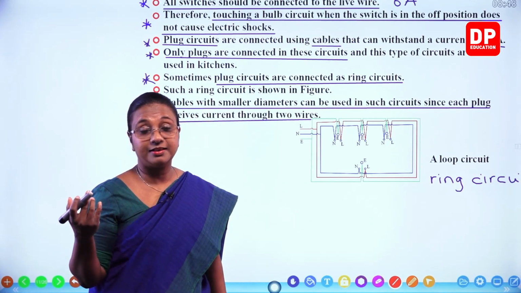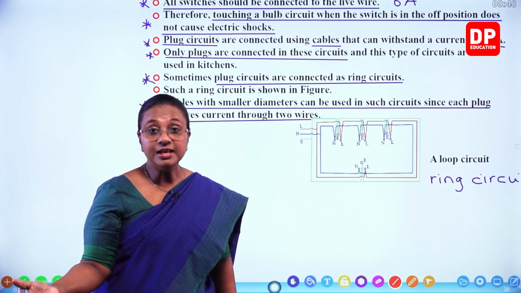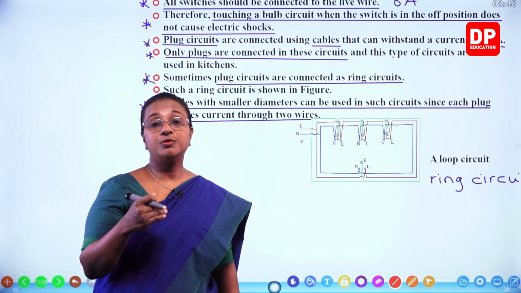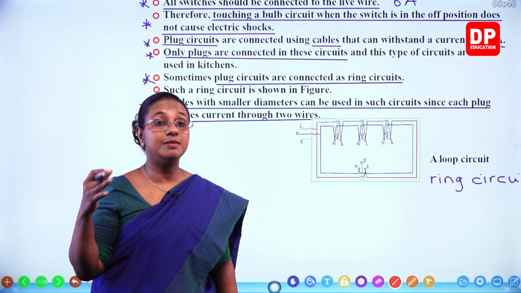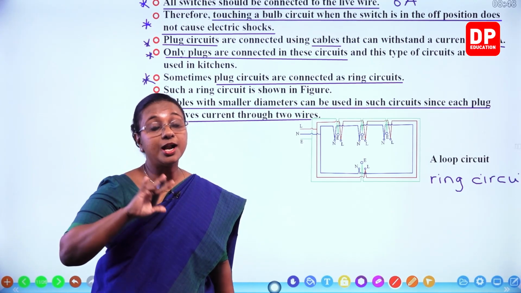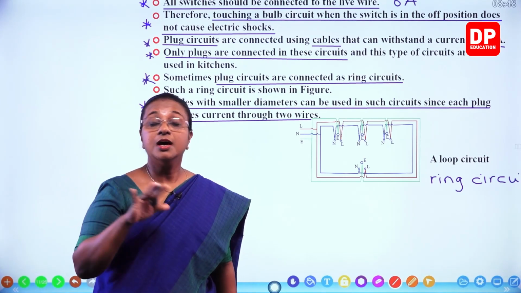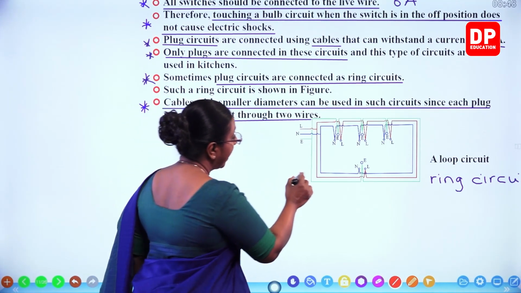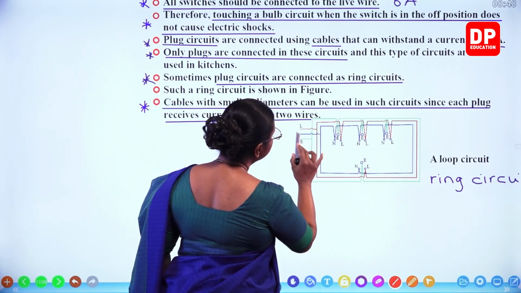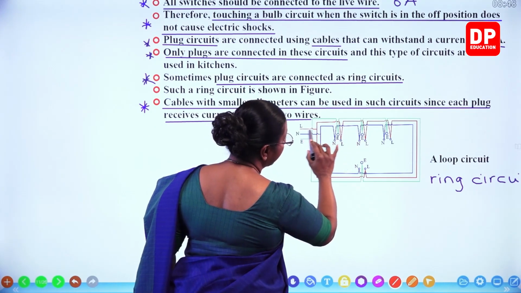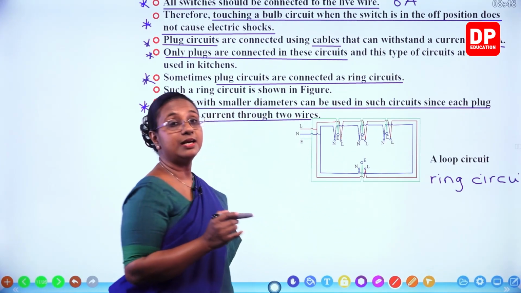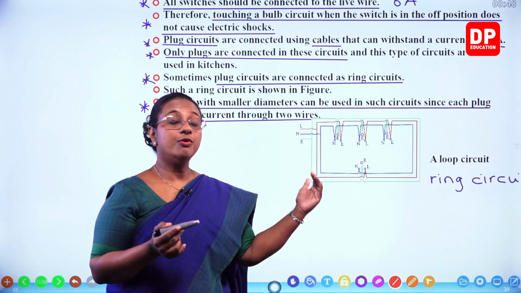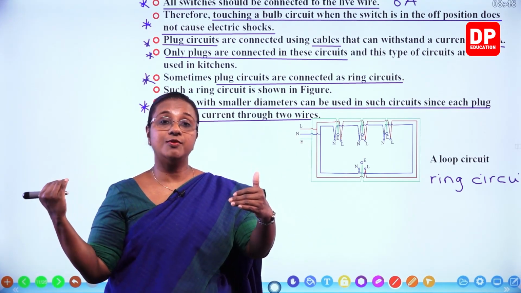If there is an electricity leakage, then the leaked current goes to earth, and also there is current flowing through the RCCB, so that the RCCB or the trip switch will cut off the power supply to the household circuit, the full circuit. But at the same time, you can see here both the live wire and neutral wire are connected in a loop-like manner or a continuous ring-like manner. You don't have one flowing in and one flowing out.